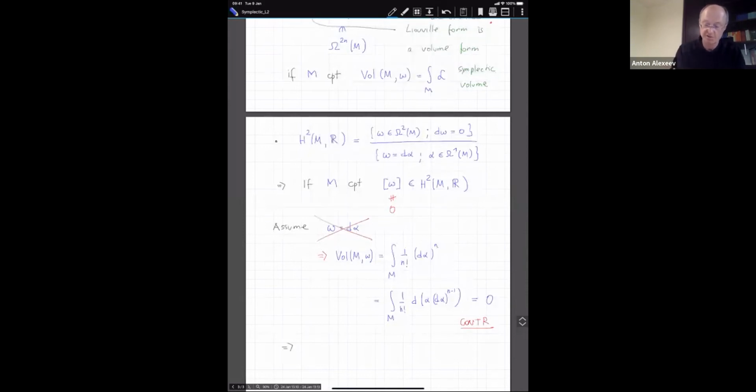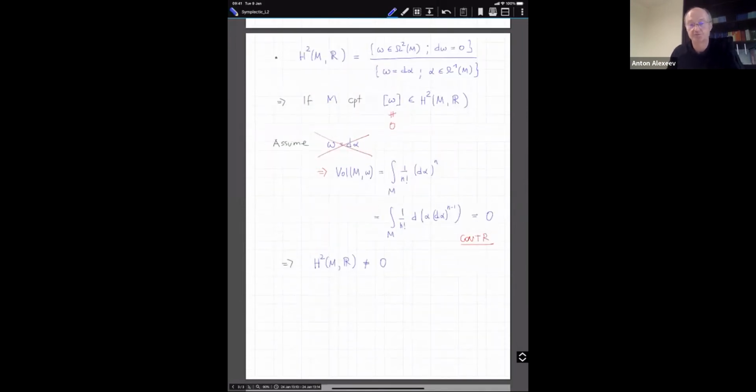This implies the interesting consequence that H2 of M with real coefficients cannot be 0. You cannot have a vanishing second cohomology group. If you know nothing about cohomology, just take it as information.